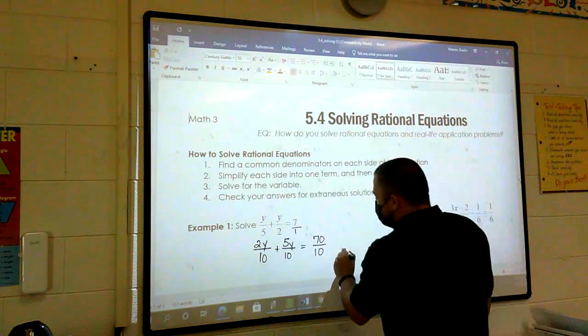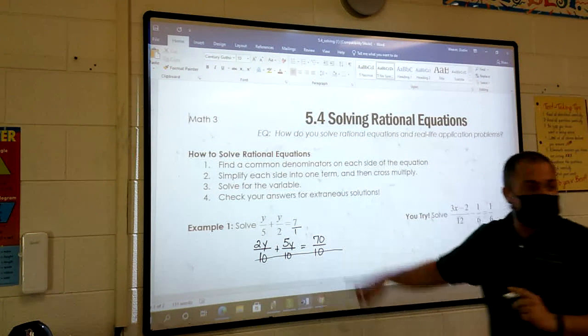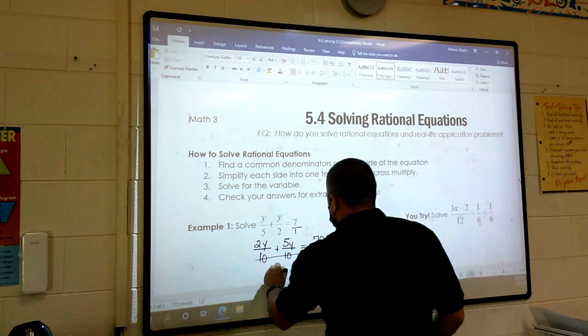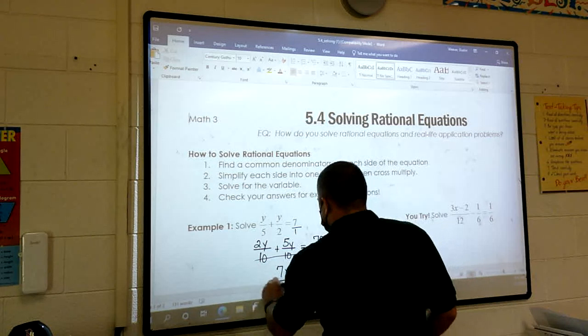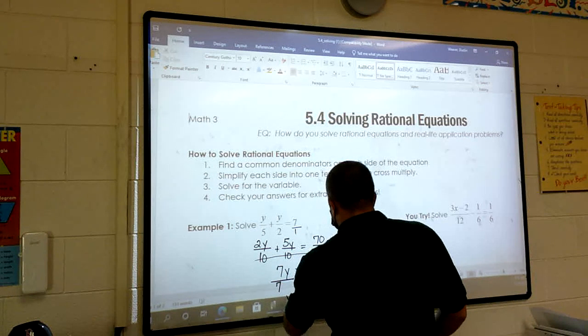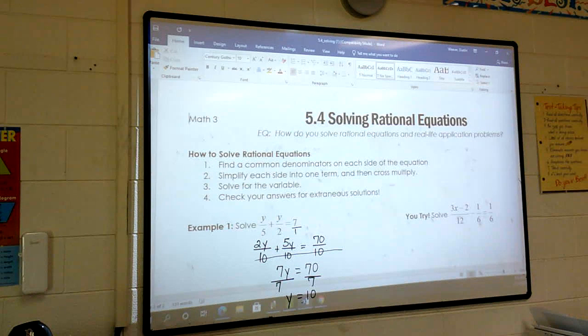So they can go away. So 2y plus 5y equals 70 is our problem. So we get 7y equals 70, and we divide by 7. So y equals 10, and that's our final answer for example number 1.